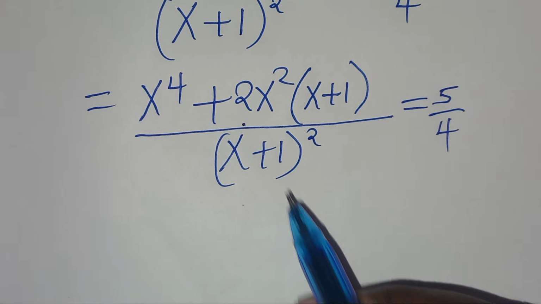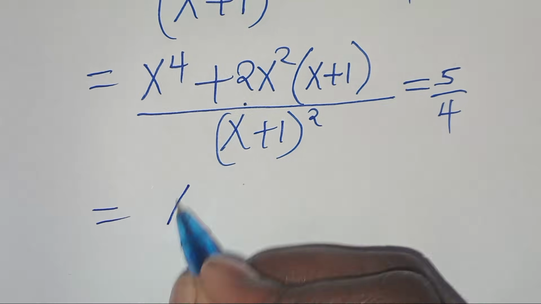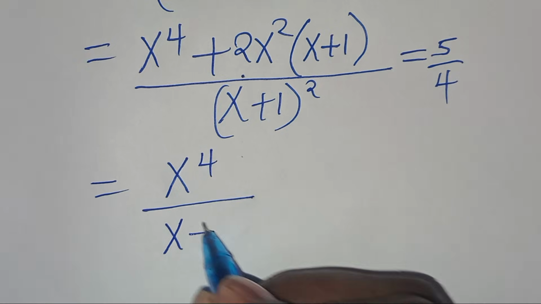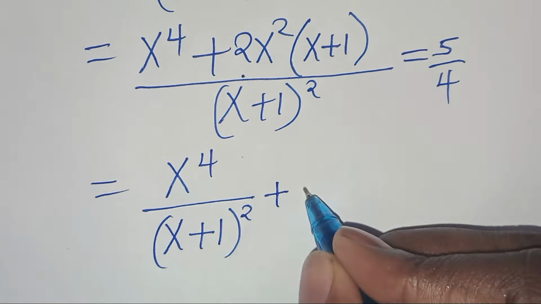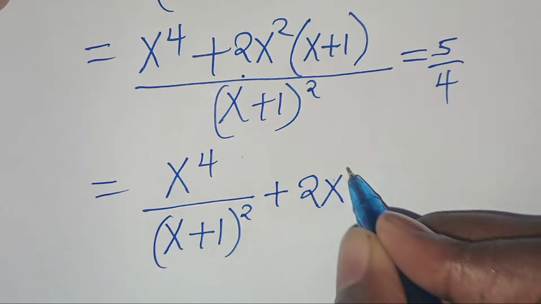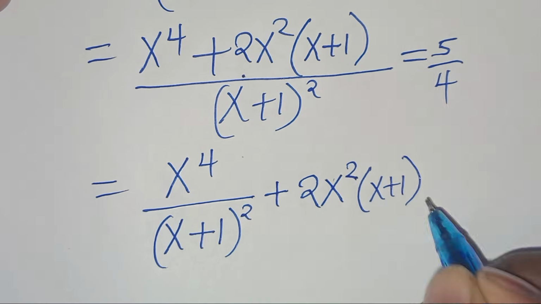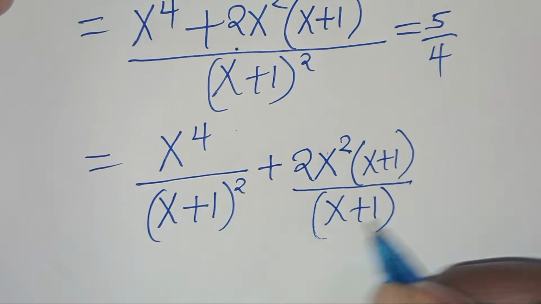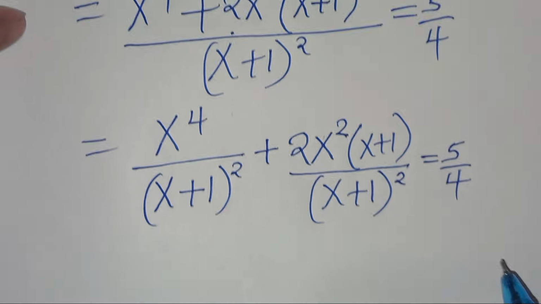Now, let's separate this equation here so that we have x to the power of 4 divided by (x plus 1) to the power of 2, then plus 2x squared times (x plus 1) divided by (x plus 1) raised to the power of 2. This is equal to 5 over 4.